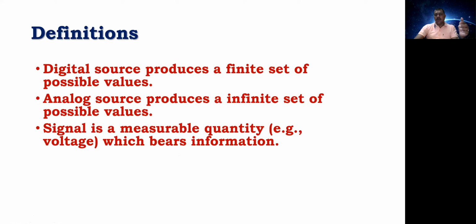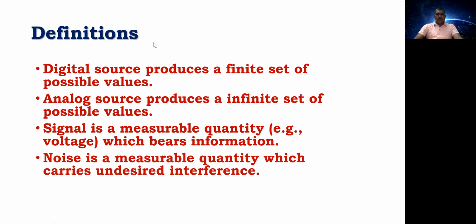So this is how it goes on changing. But indirectly, it is some type of electrical signal, that might be voltage, that might be current. So we are using voltage here. Noise is a measurable quantity which carries undesirable information. Now, this is one of the most important parameters which is to be taken care of.